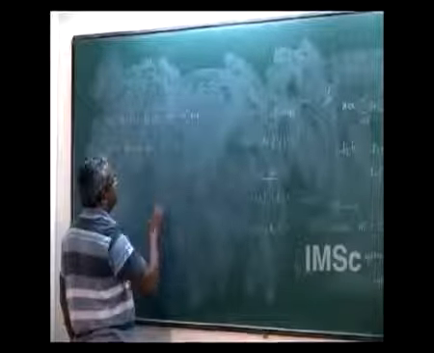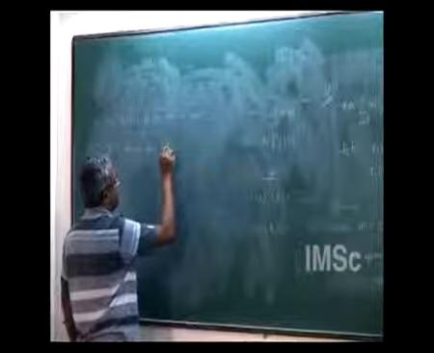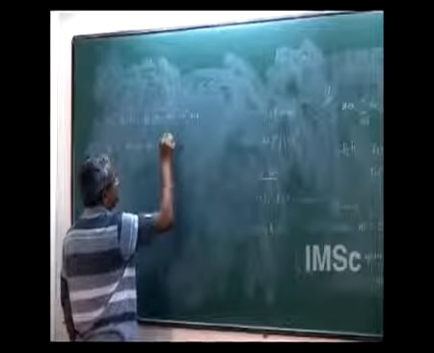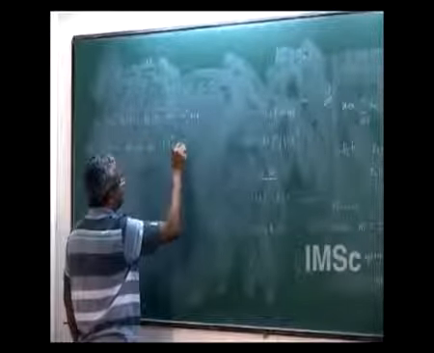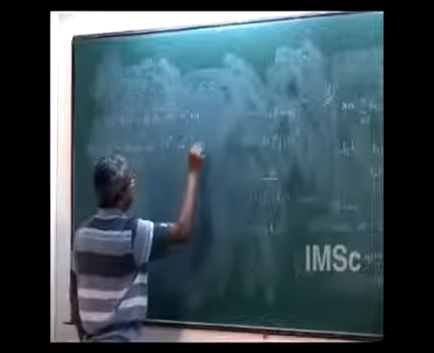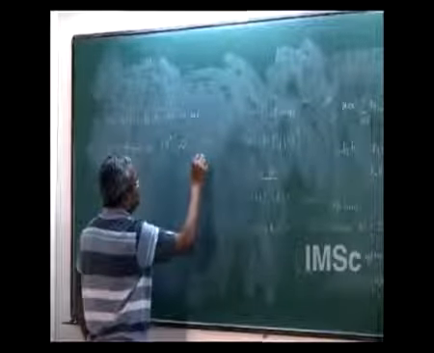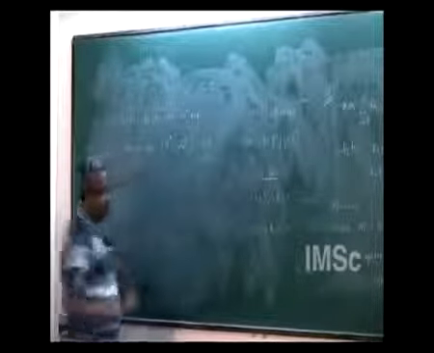Let me call the optimum solution something like XU star and Z star, where U is in V. We have got this.